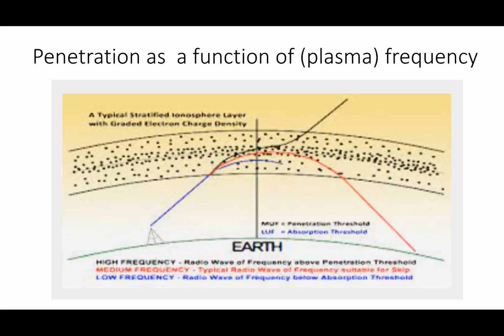If it lies below the plasma frequency, then it will just be absorbed. That's the blue line. If it lies close to the plasma frequency, it'll be refracted. That's the red line coming down to Earth again, bouncing off the Earth and back up into the ionosphere again. And if it lies at a high enough frequency, it will pass through the ionosphere.